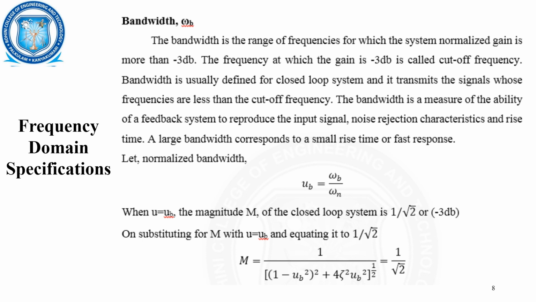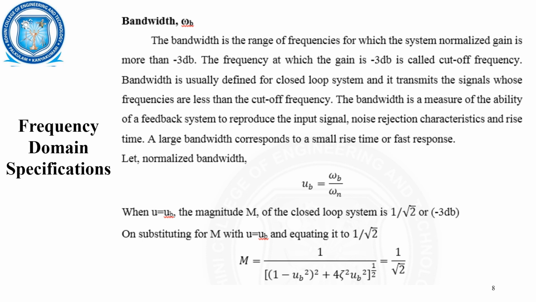The difference between the upper limit and the lower limit will give you the range of frequency through which the system can have its normalized gain value to be minus 3 decibels. In frequency domain analysis, the bandwidth is the range of frequency where the system's normalized gain value is more than minus 3 decibel, and the frequency at which the gain is minus 3 decibel is called the cutoff frequency.